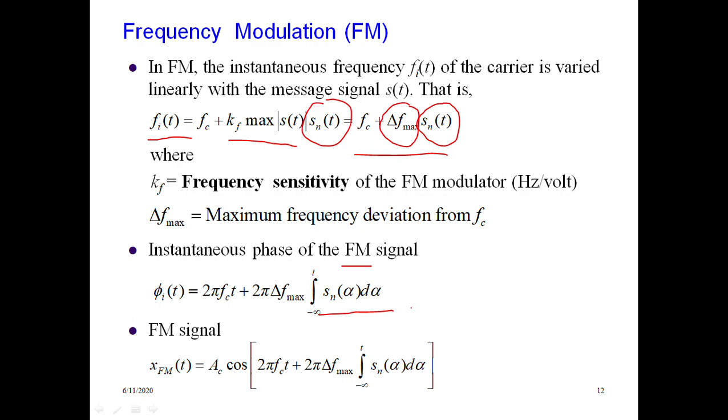So now we have the instantaneous frequency for FM, the instantaneous phase of FM, and also the FM modulated signal itself. If you look here, the instantaneous phase is inside the FM modulated signal.